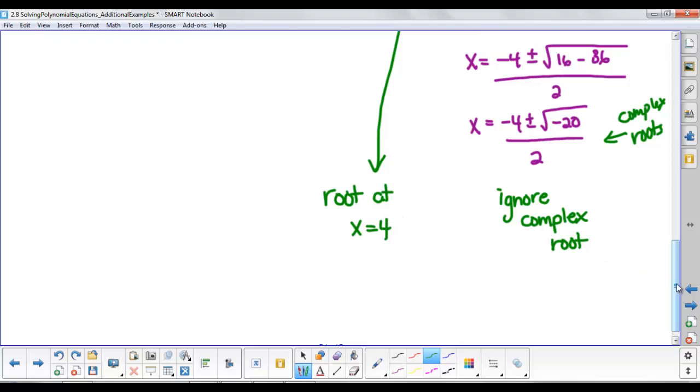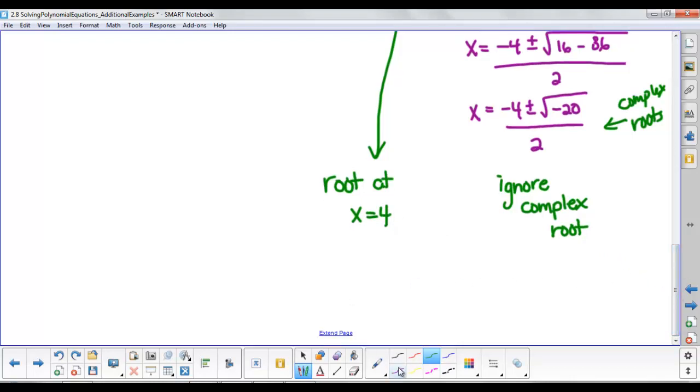Okay, so recall that the question did ask us not only to solve for x, but to find the dimensions. So the length given to us above was x plus 3. And when you sub in 4, we know that the length of a rectangular prism is actually 7 centimeters.